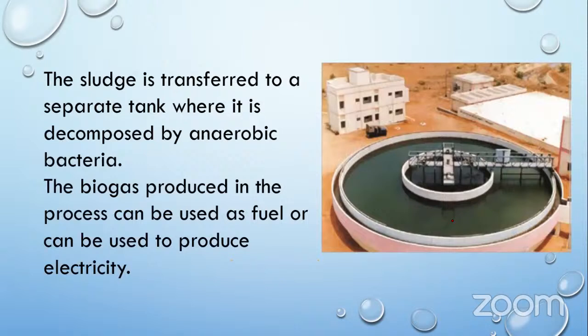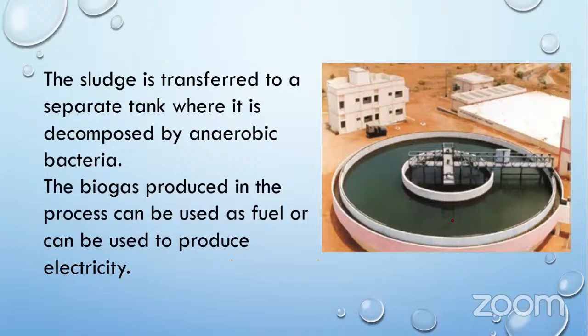Next, this sludge is transferred to a separate tank where it is decomposed by anaerobic bacteria. So we got the sludge, that animal waste and feces. So that is separated out and it is decomposed like biogas. All the animal waste is put into a bin, then we get biogas.